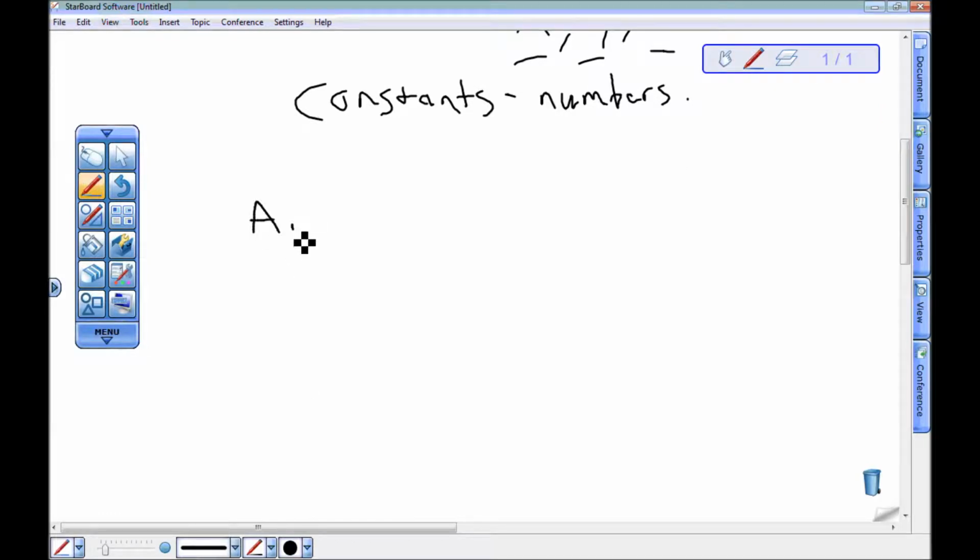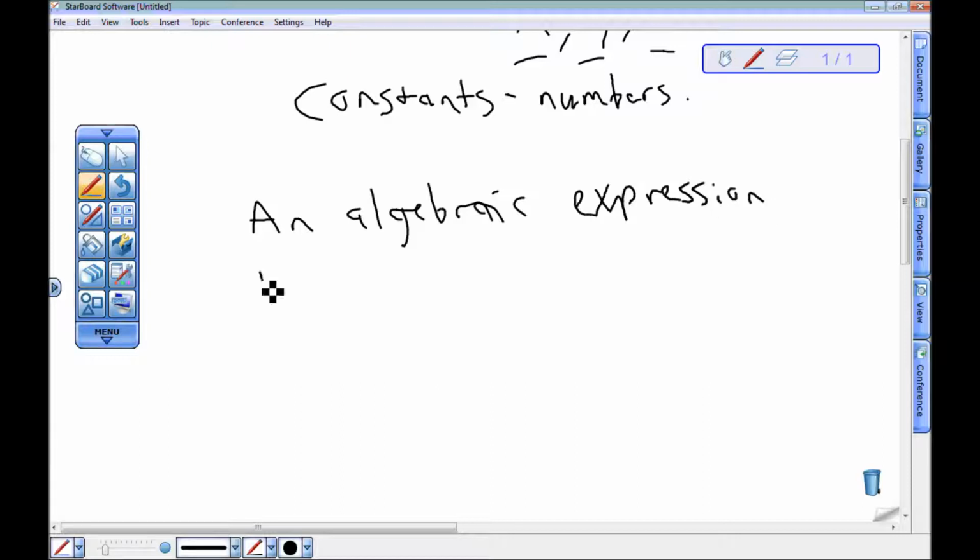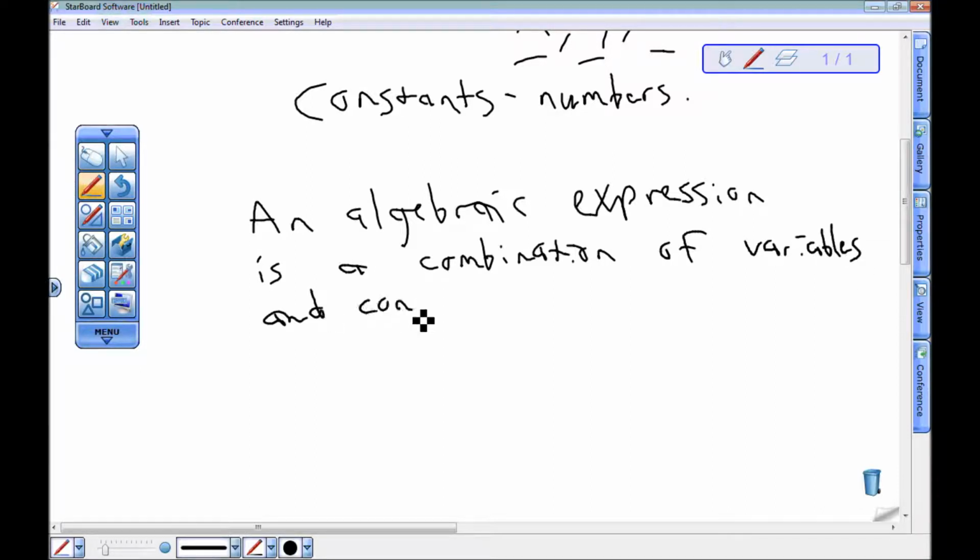So, an algebraic expression is the combination of variables and constants using, and the question here is how can I combine these things?